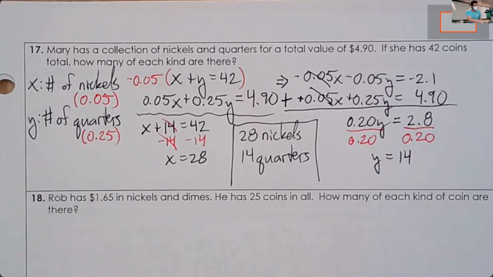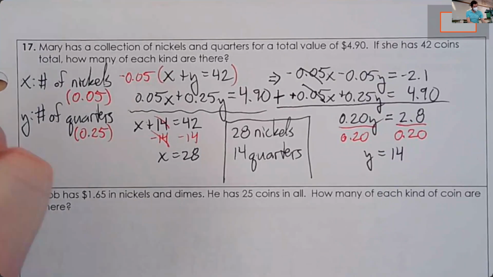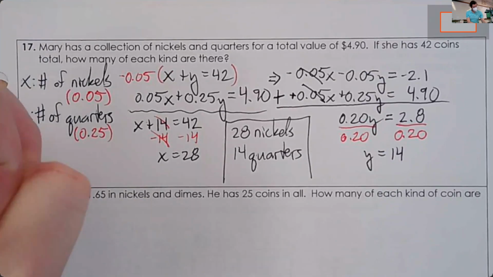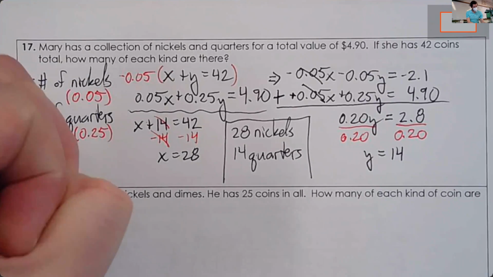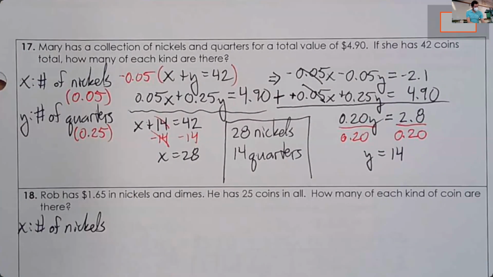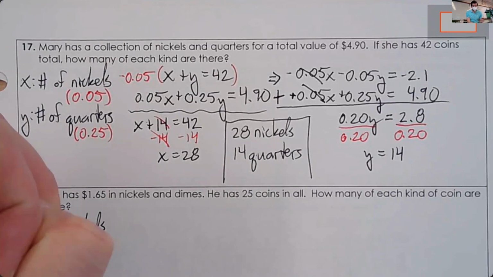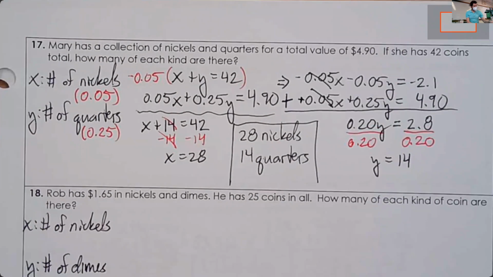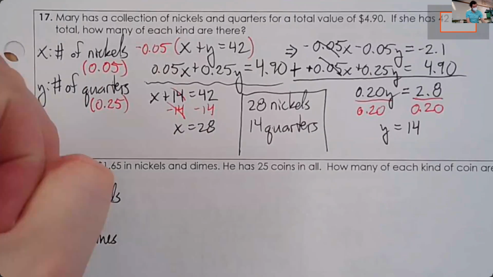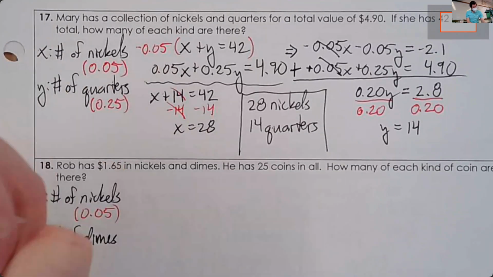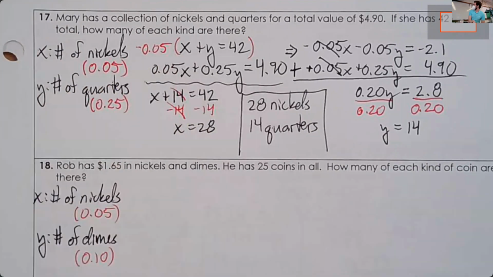So again, we're starting with nickels on this one. So x will be the number of nickels. And y will be the number of dimes this time. So we've got dimes instead of quarters on this one. Nickels, we know, are 0.05. Dimes are worth 10 cents, so that's 0.10.